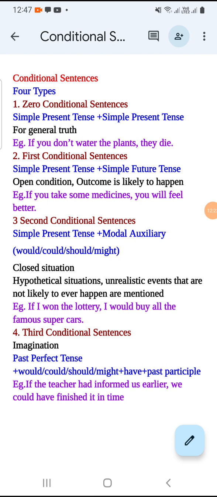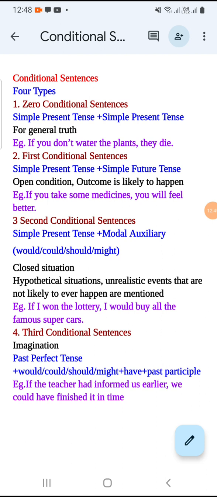So let us see the example. If you take some medicines, you will feel better, right? So if someone is sick, you are suggesting: if you take some medicines, not can, sorry. The if clause is also always framed with the present tense in the first condition.